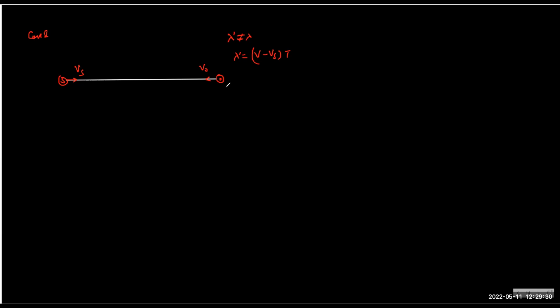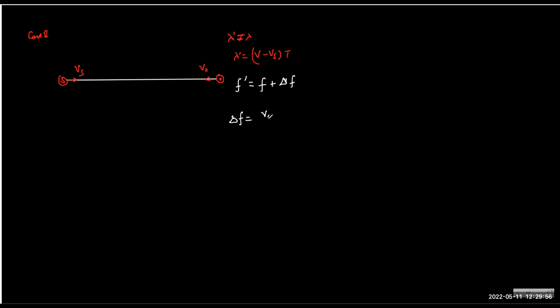Now, is the observer moving towards the source? The answer is yes. So it will receive more. How much? F plus delta F. But delta F will be how much? In this case, there is a small change. Here we take the relative motion, not the absolute motion. In 1 second, how much do they come closer?